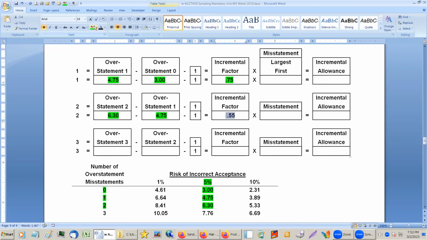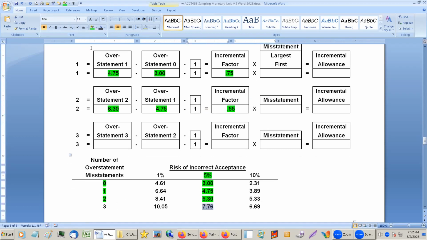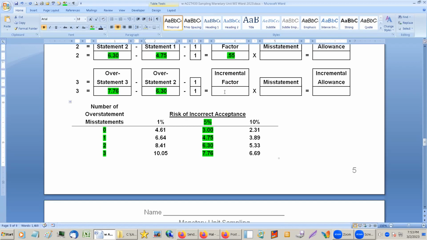So this would be the incremental factor for the second one. And the third one, you get the idea. For statement number 3, it's 0.46.